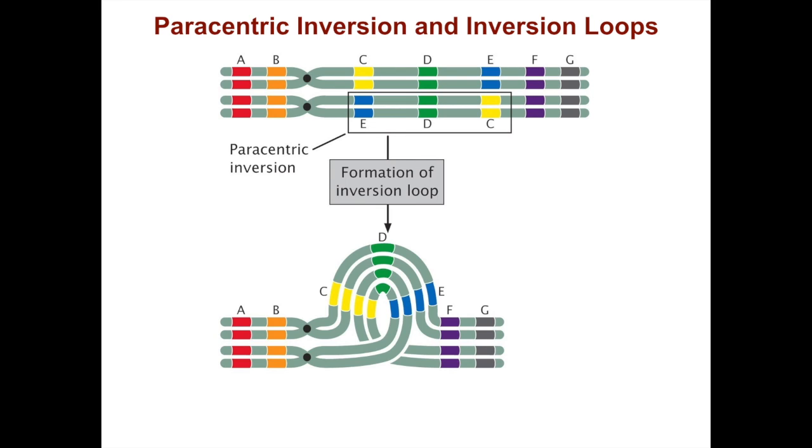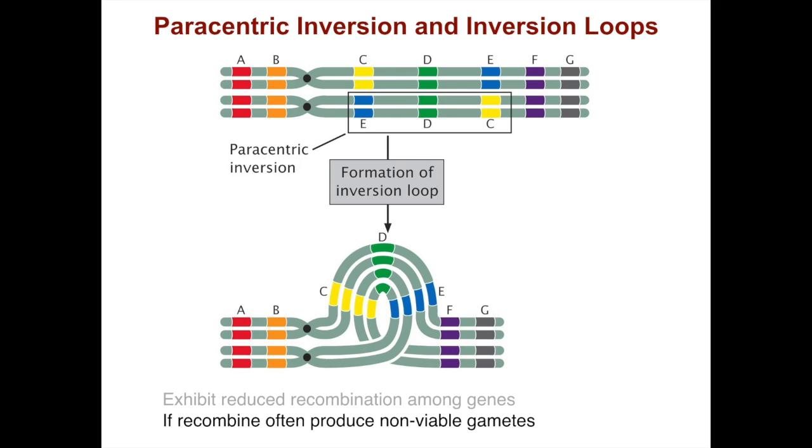During prophase 1 of meiosis, the chromosomes form an inversion loop, which allows the homologous sequences to align. These exhibit reduced recombination among genes, and if they recombine, they often produce non-viable gametes.